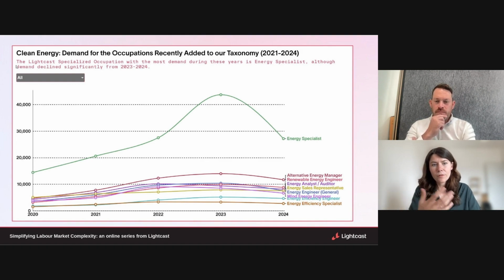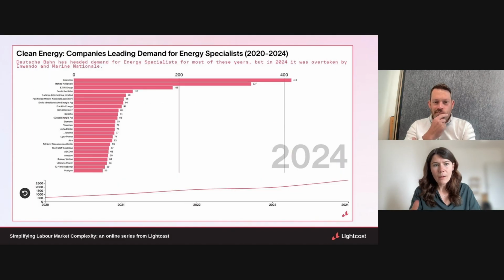And as we can see, for most of them across the countries that we've been looking at, there has been a peak in 2023, and then the number of job postings has declined. And it's not just about seeing the trend over time, but it is also about understanding who is recruiting for these roles.